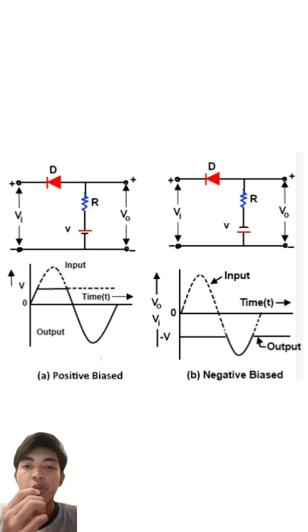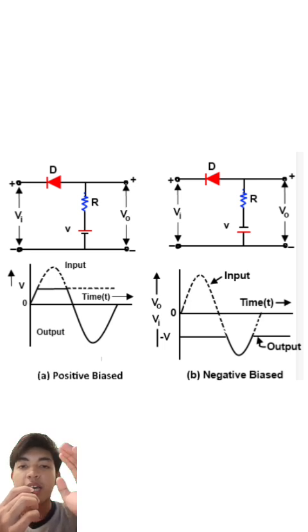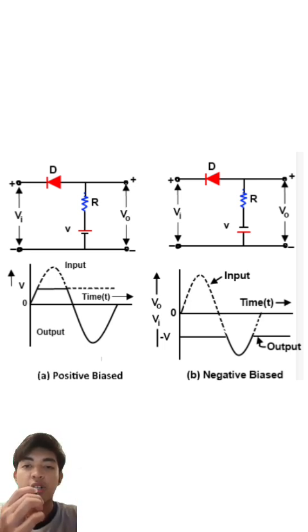This waveform will show sharp cuts where the diode starts to conduct. Clipper circuits are very useful in signal processing, waveform shaping and voltage protection. For example, they can limit voltage spikes that might damage sensitive components.